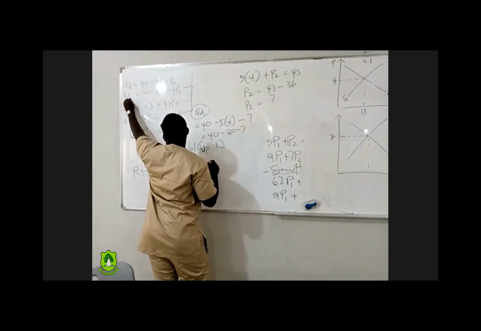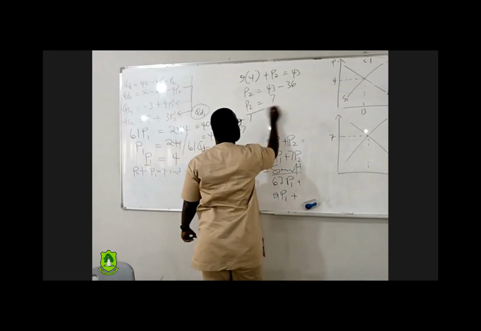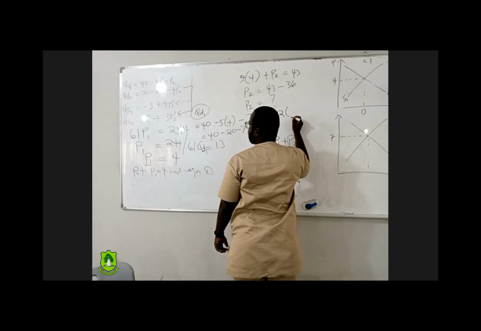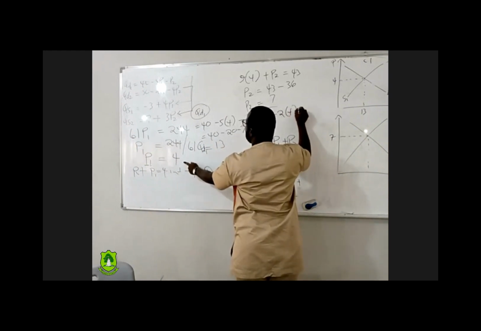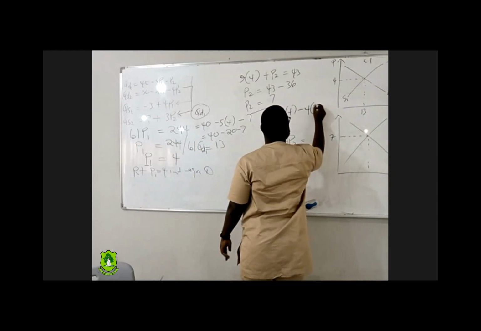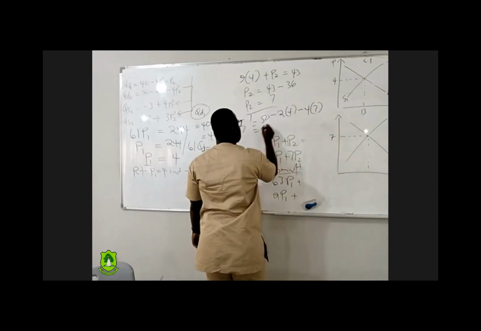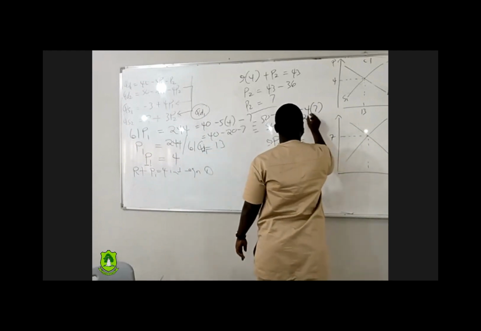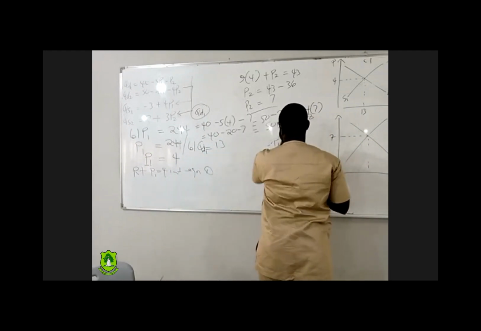Is that not it? So we have what? 50 minus 2 P1, and P1 is 4, minus 4 P2, and P2 is 7. So we are going to have 50 minus 8 minus what? So what will you have?